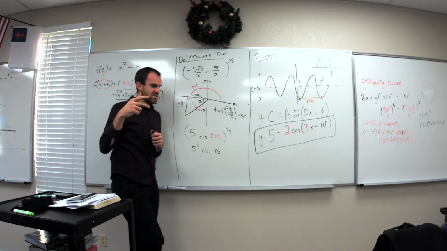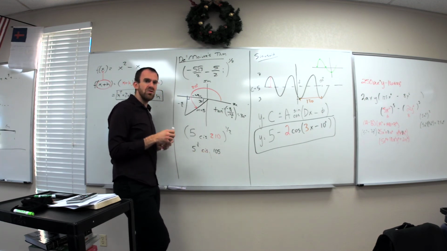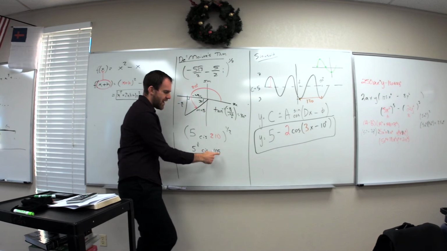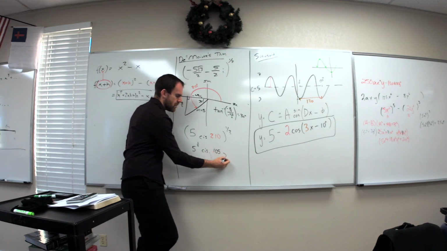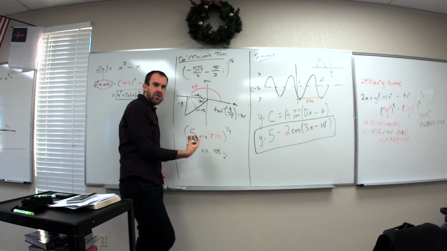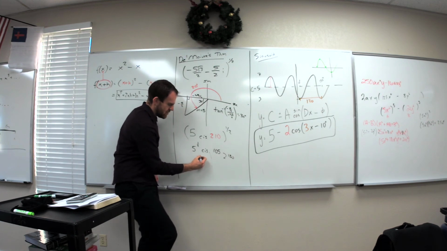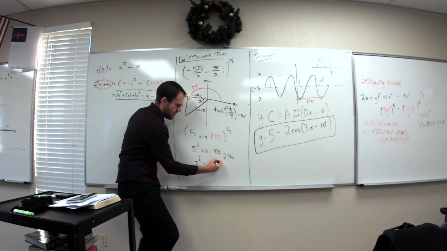Usually the plus or minus one. So I know I'm going to add something because they're asking for 2 answers. So I'm going to add the period. This function is repeating twice as fast, so the period is 180. So that also gives me 5 to the 1/2 power, cis of 285.